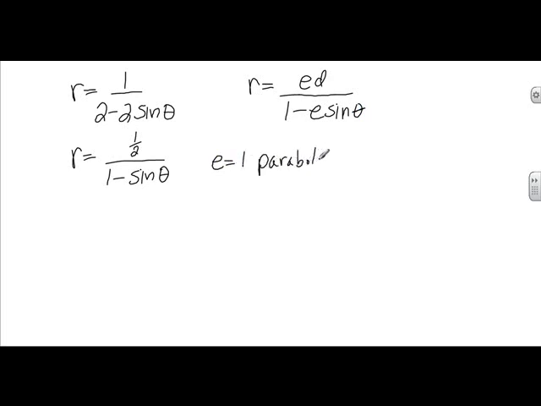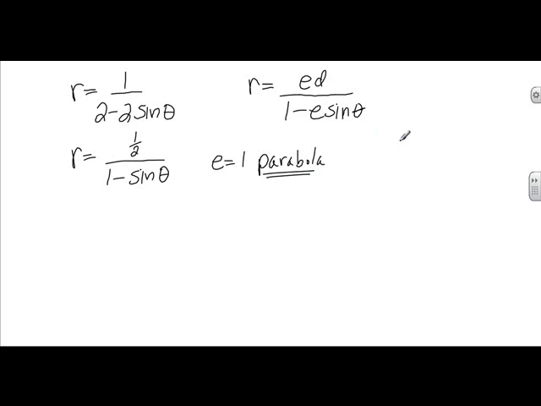Let's see. Oh yes, it's going to be a conic section where our focus is going to be on the y-axis. No, let me say that right. Because the focus is going to be at the origin, which is on the y-axis.